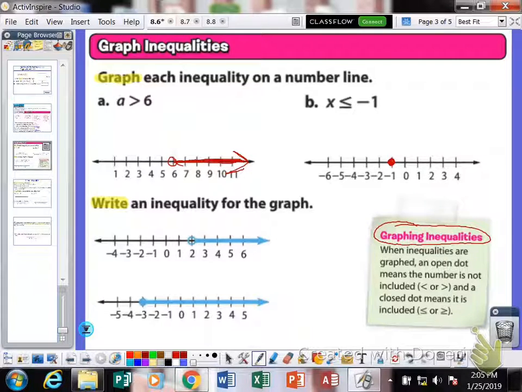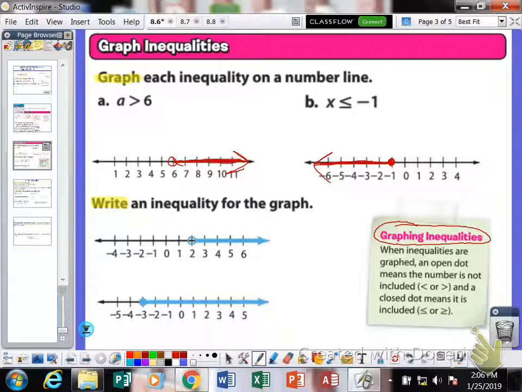Our closed dot already tells us that it's included, and our arrow is just going to go to our left. Again, make sure you're making your arrows thick enough so I know which direction the arrow is pointing.